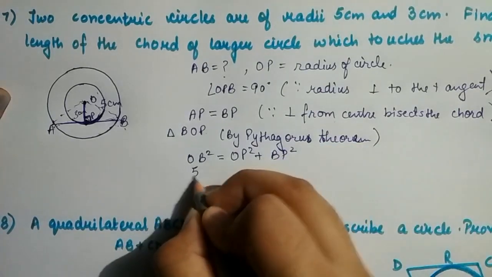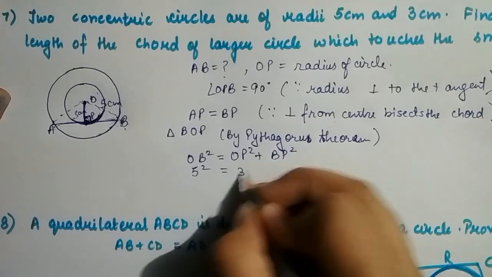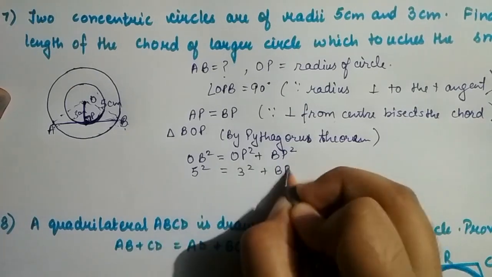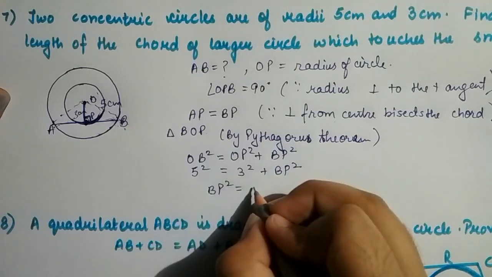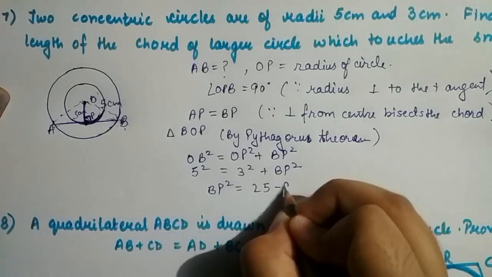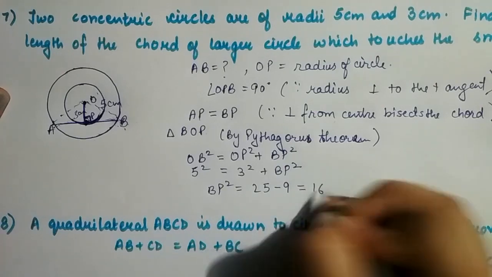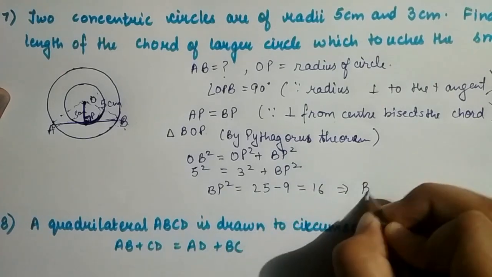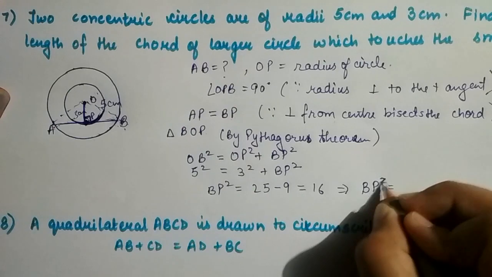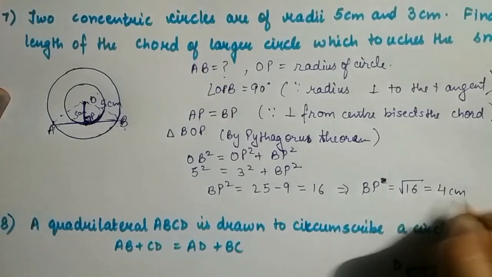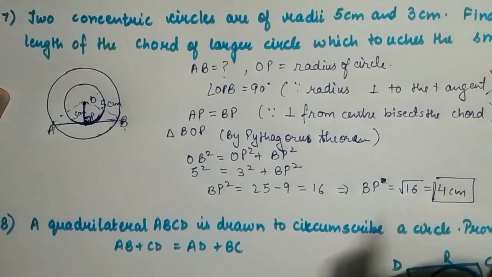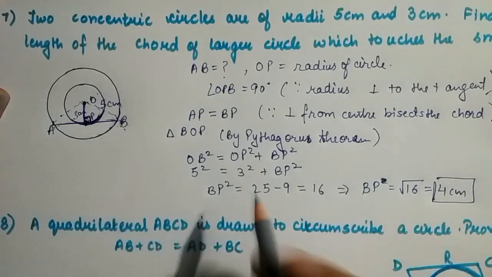OB is 5, so 5 square is equal to OP, that is 3 square, plus BP square, which you have to find out. So BP square is equal to 5 square, that is 25, minus 3 square, that is 9. This is equal to 16. So BP is equal to under root 16, that is 4 centimeters. So 4 centimeters is the length of BP.